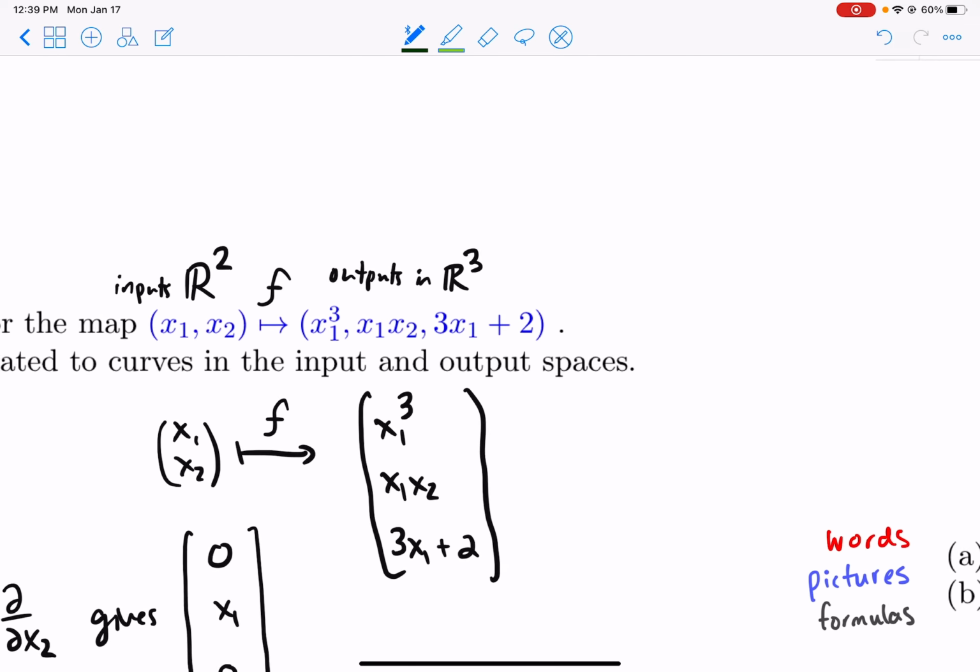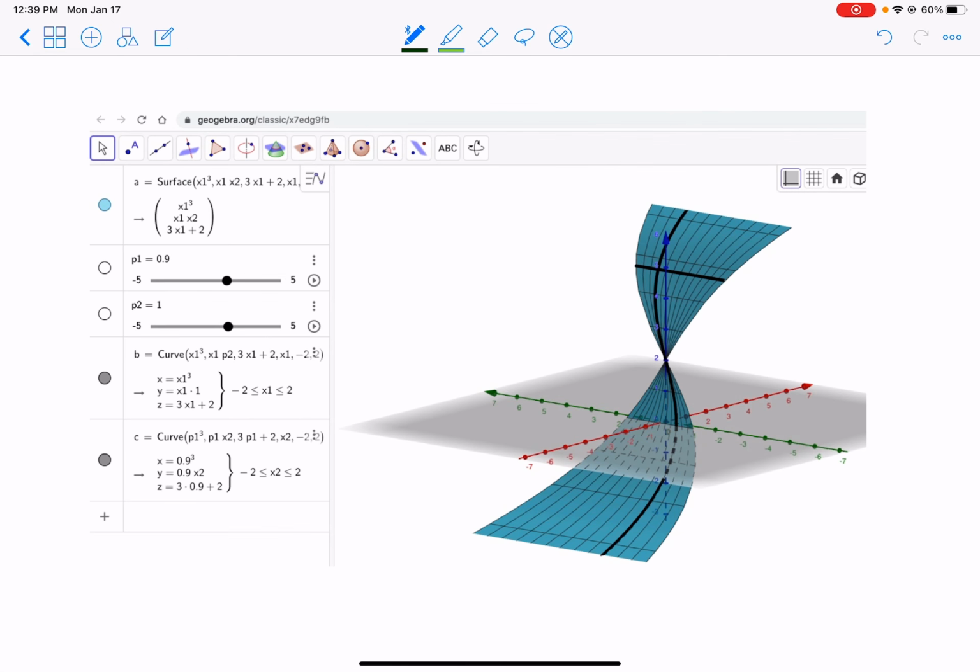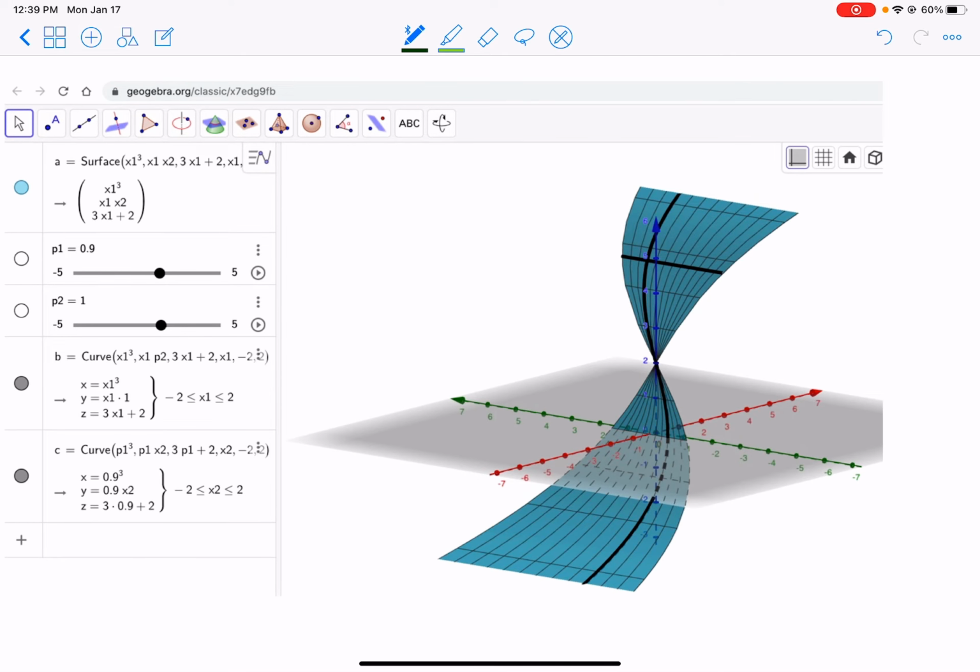By the way, for this particular map, let's actually see what that surface looks like. Here you can see I did it in GeoGebra, and that surface is actually kind of weird looking, in my opinion. In particular, it has a very interesting point there. One point that's interesting, that's f of p for some particular p. And in linear algebra, Math 250, you will learn to calculate something called the rank of the Jacobian matrix.